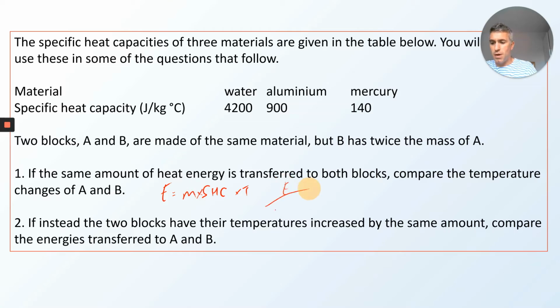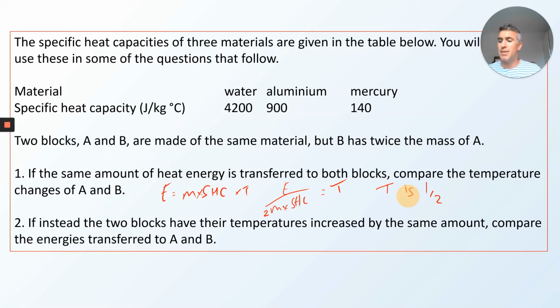E over m times specific heat capacity equals temperature. If you've got 2 times the mass, that's a 2 on the bottom, that means T is half. So for whatever has twice the mass, the temperature change is half. Oh, I've just given you the answer. That's the answer to the first one.